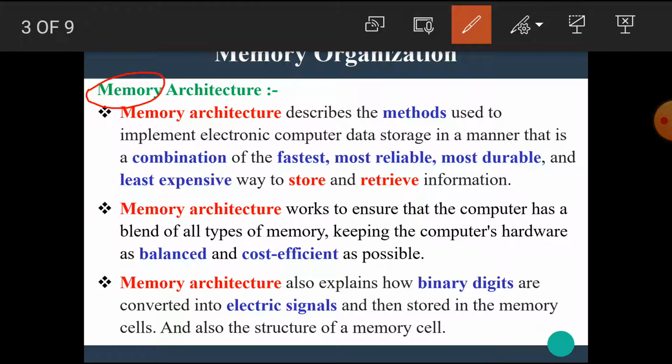These memories are organized in a computer system. This organization depends on the properties of the memories like fastest, most reliable, most durable, and least expensive. Hence, the memories are classified or organized according to these parameters.